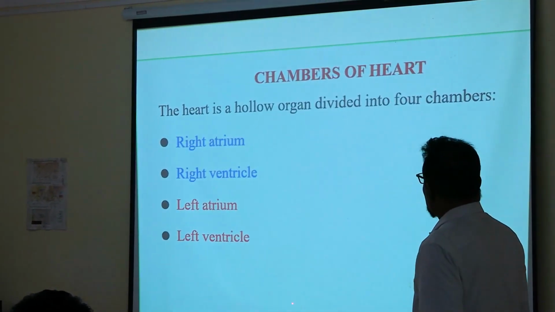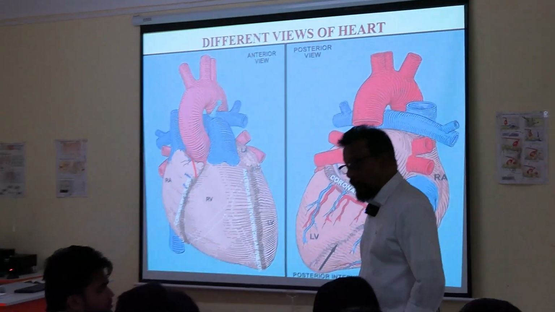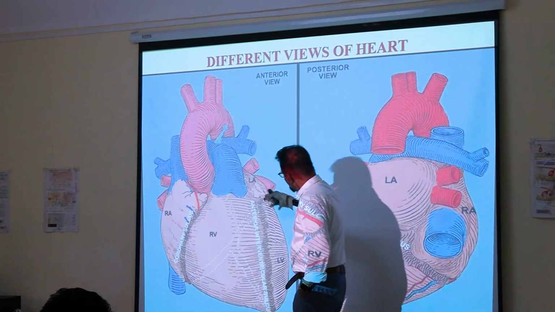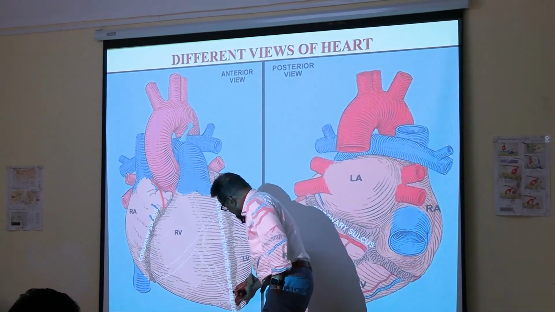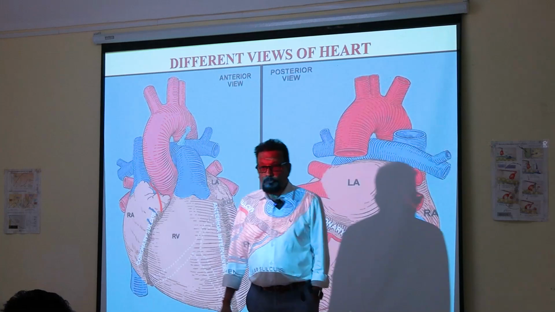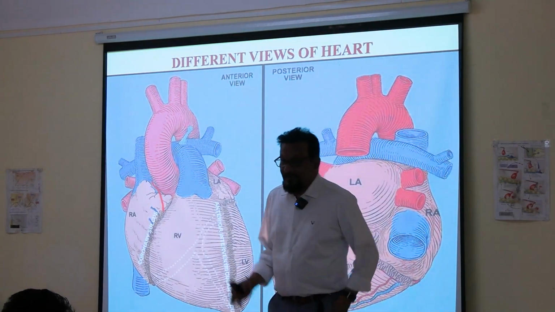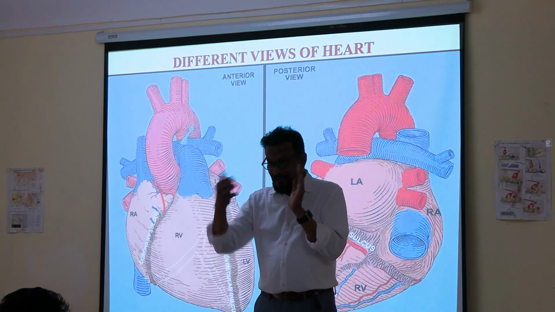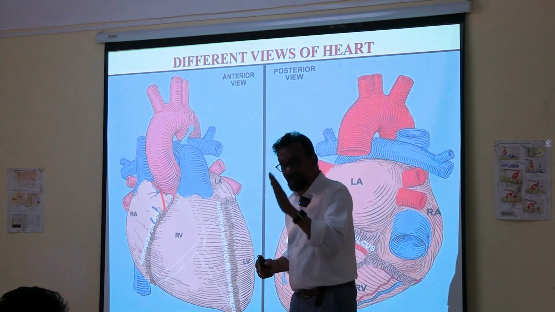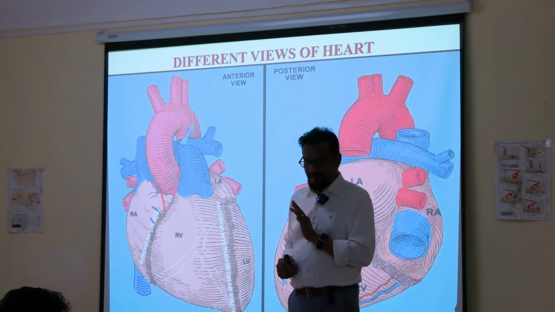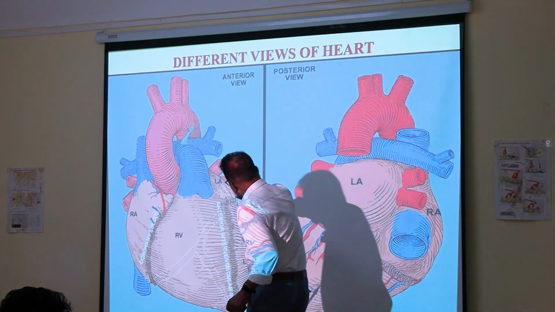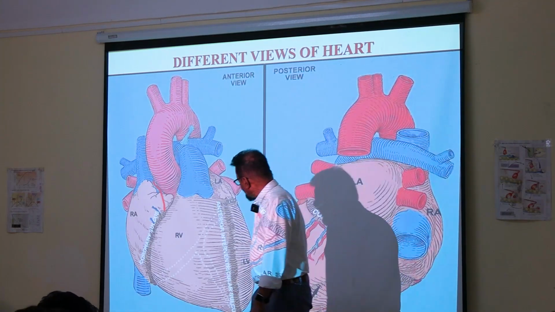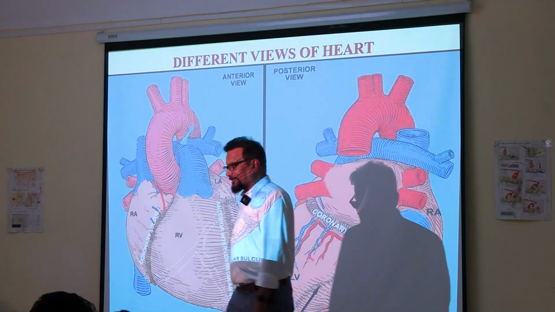So now we have seen how these are important. Another thing you see, another groove is there, in between the two ventricles, separating the two ventricles, left and right. So what is the name of this? Anterior interventricular.